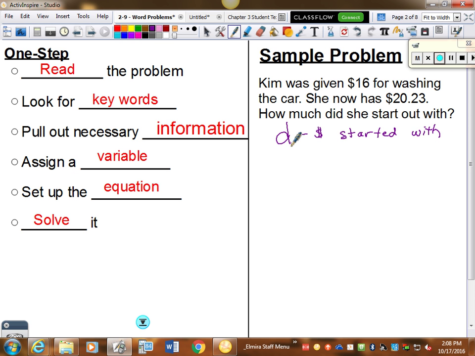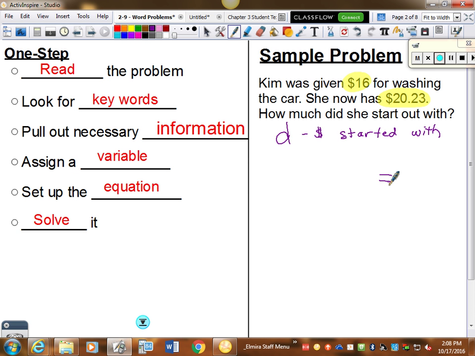All right, and we're going to go back and identify all the numbers. We're writing an equation, so it's going to have a D in it, and it's going to equal a number.